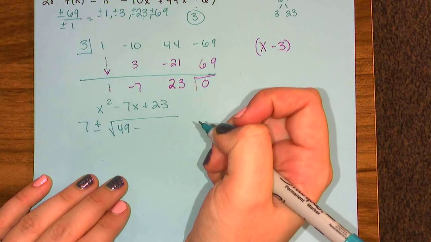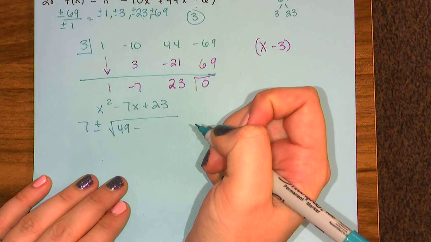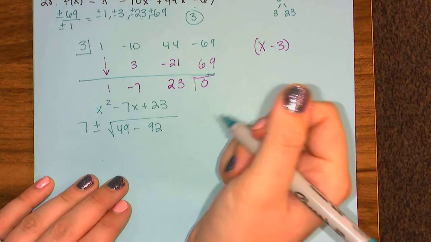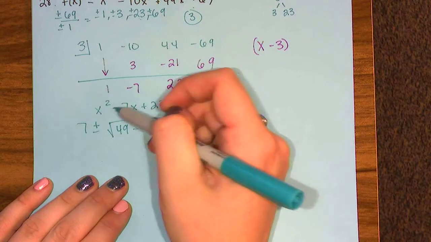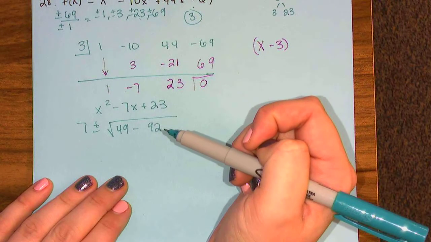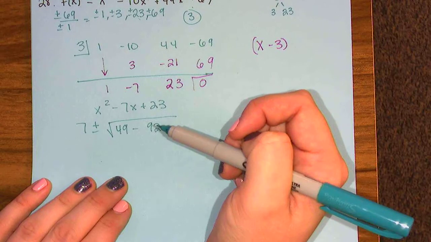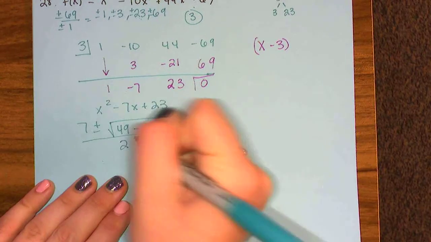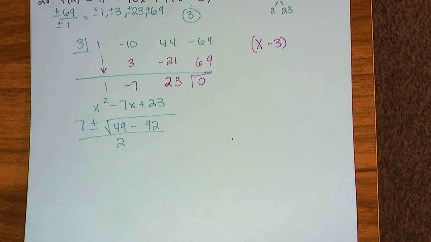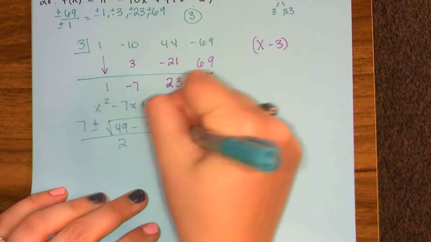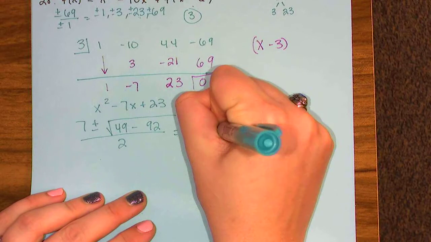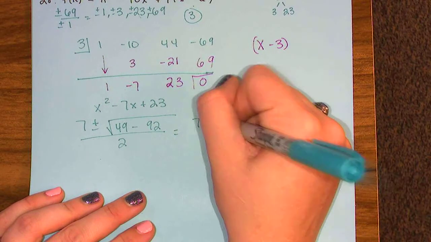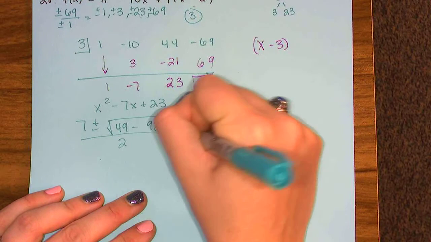So what is that, 92? All over 2a, which is just 2. So this gives me 7 plus or minus the square root of negative 43 over 2.